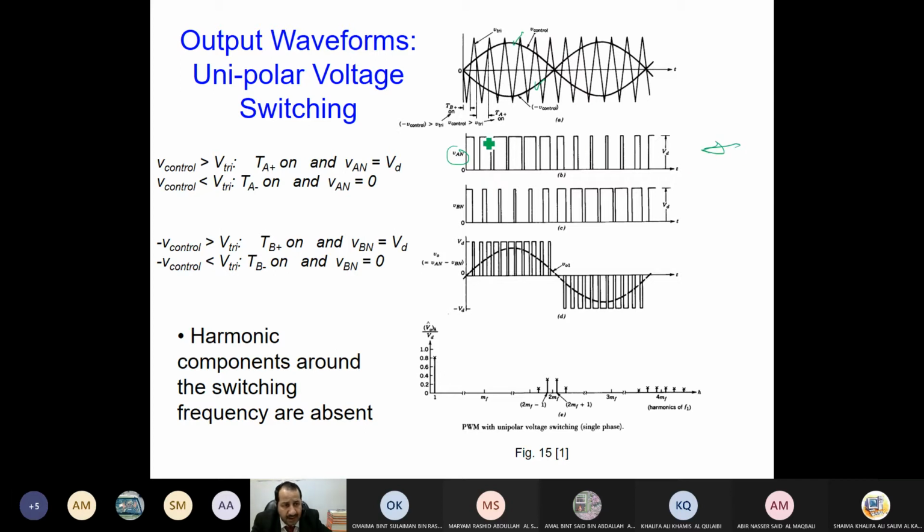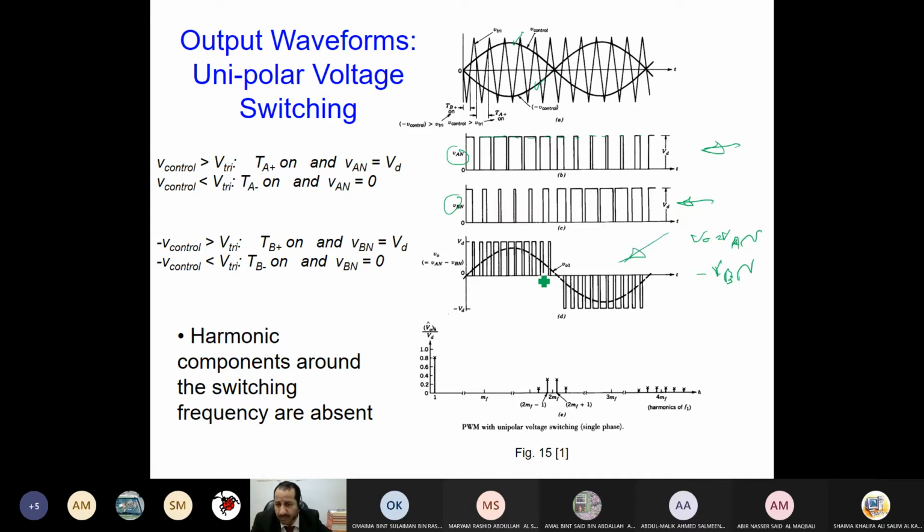This waveform tells me that in the positive part we have a long period for on, and in the negative part we have a short period for the switch on time. The opposite will happen for leg B. Now, the output equals VAN minus VBN. If I subtract them, I get this waveform.